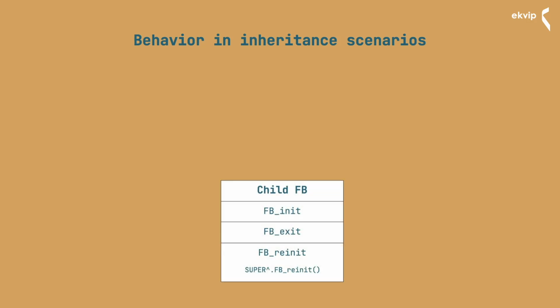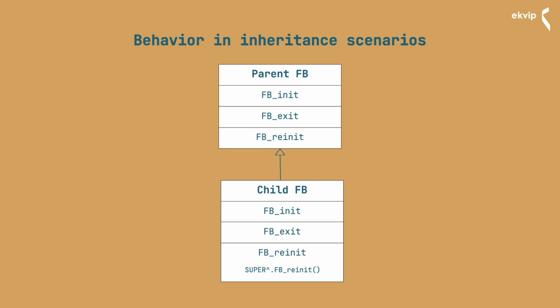Now let's talk about how these methods behave in inheritance scenarios. When a derived function block, child, inherits from a base function block, parent, these methods follow a specific call order. FB_init: the base class's FB_init is called first, followed by the derived class's FB_init. This ensures that the parent's initialization logic is executed before the child's.